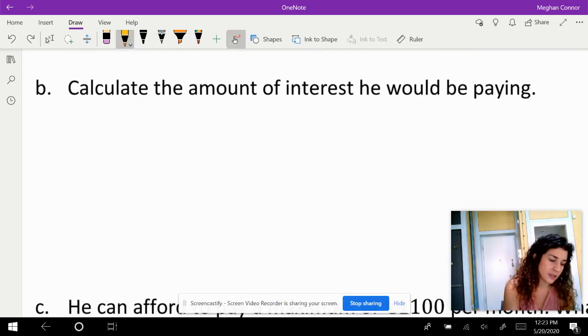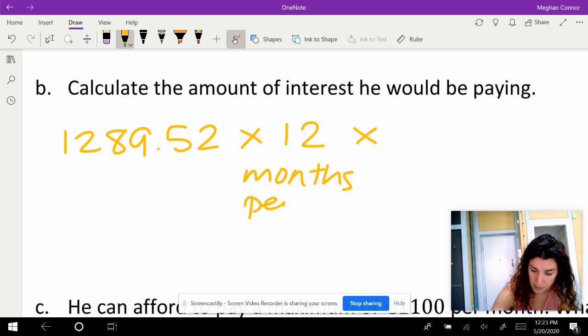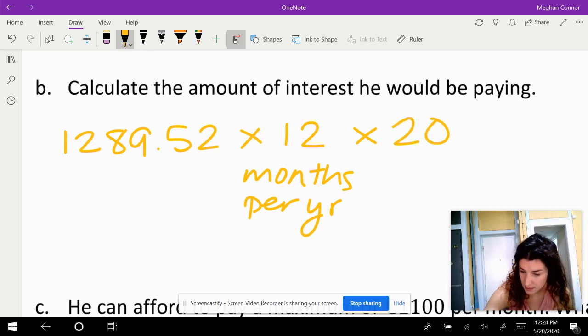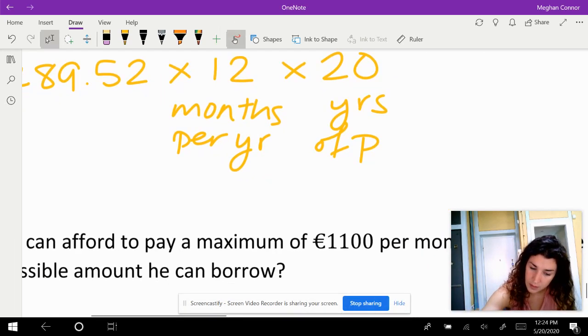which is $1,289.52 and multiply it by 12, which is months per year, and then multiply it by 20 years of payment.